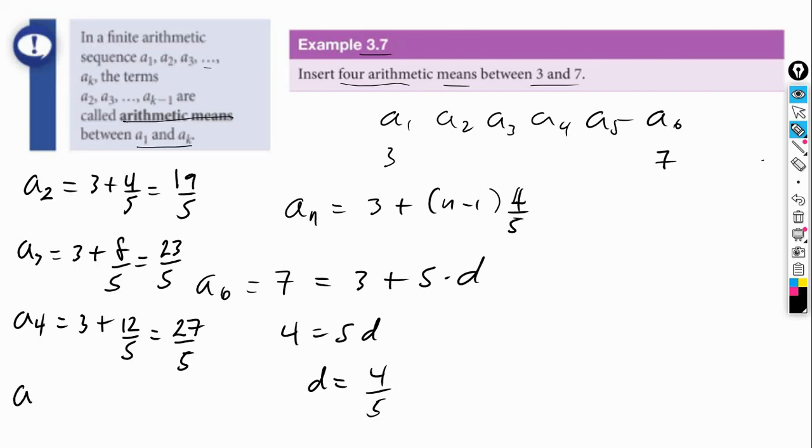It's going to be the fifth term. So that's going to be 3 plus 4 times 4/5. So that would be 16/5. And this is going to be 31/5. So there we are. Now we can insert those 4 arithmetic means.